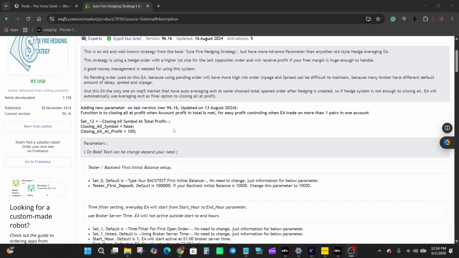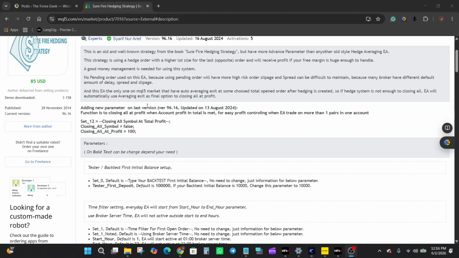As I scroll through the page, one of the key ideas is that the system uses hedge orders combined with lot sizing adjustments. The concept described here is that when the market moves against an initial position, the EA opens opposite trades with adjusted lot sizes, aiming to recover positions when margin conditions allow.